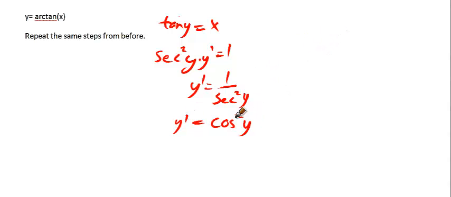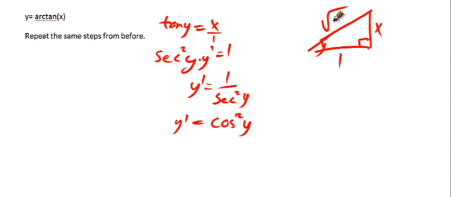But before we can tell what this is, we have to draw our picture. It's got to be a right triangle. And we have y as our angle. Tangent is x over 1, opposite over adjacent. And if we did our Pythagorean theorem, it would give us the square root of 1 squared plus x squared, and 1 squared is just 1.